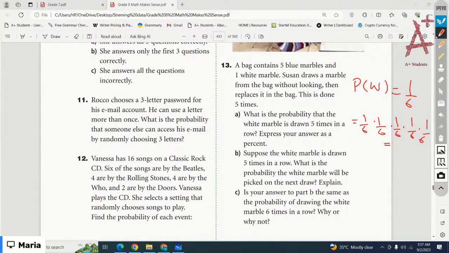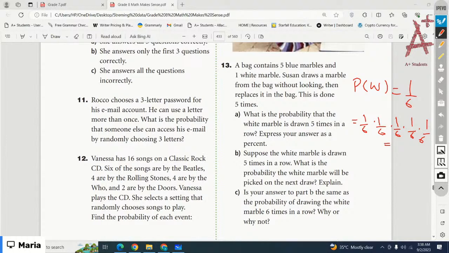The B part is, suppose that the white marble is drawn 5 times in a row. What is the probability that the white marble will be picked up on the next draw? So 5 times in a row and then again a white marble.